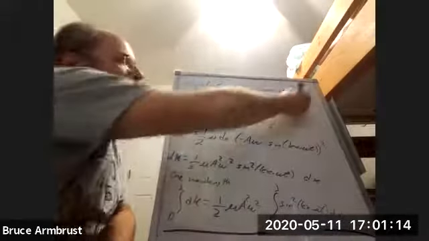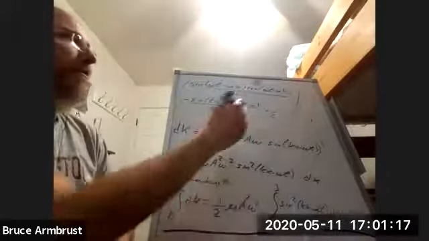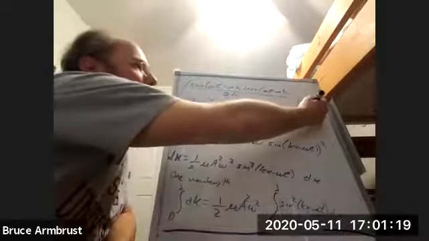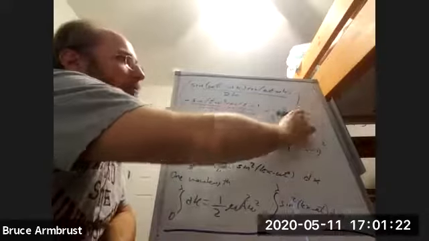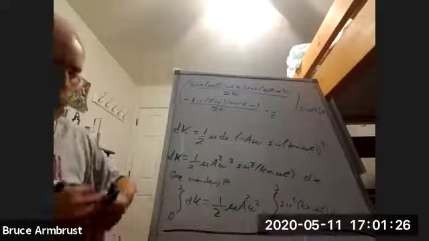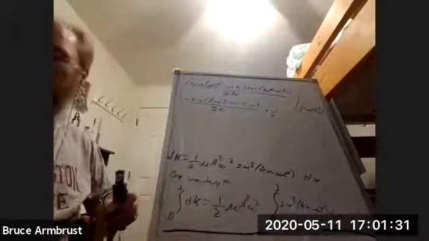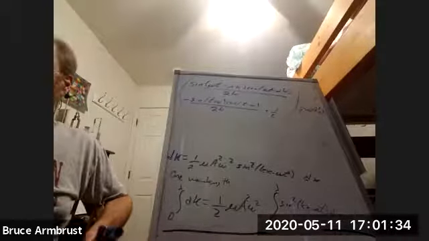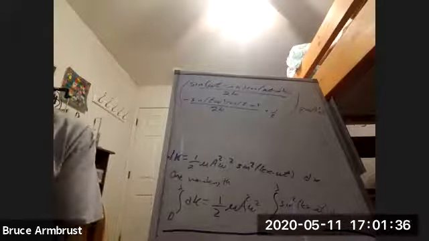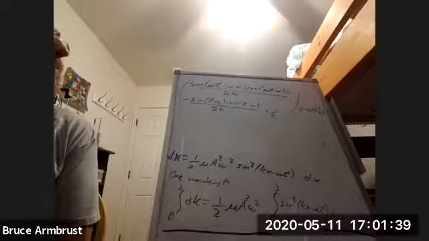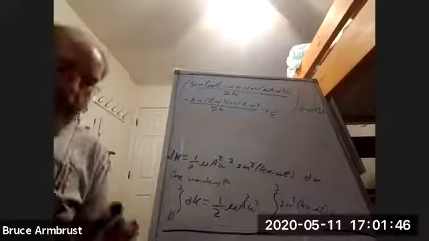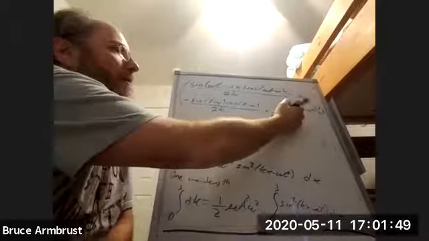And so that's all going to be multiplied by the 1/2 mu a squared omega squared. And that 1/2, that's a 1/2 lambda, sorry.